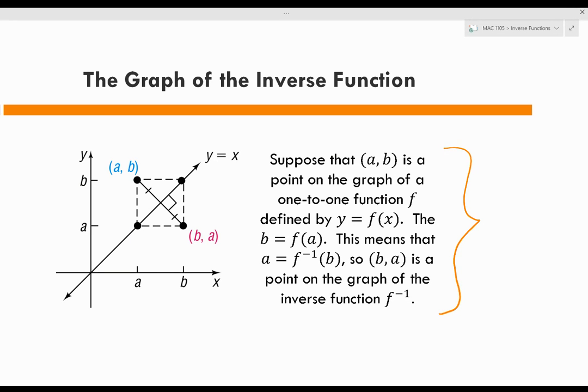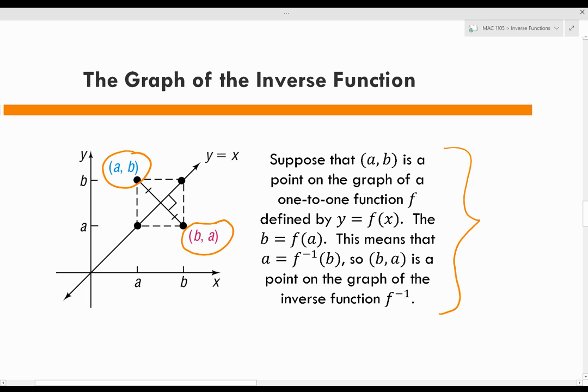So what that means in that complex definition is that if you have a point on the graph of your function, for example here (a, b), and you want to determine what coordinate is going to be on your inverse, because of the property between a function and its inverse that the domain and range are flip-flopped, the coordinate on the inverse would be (b, a), okay?